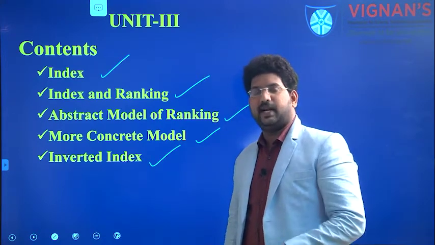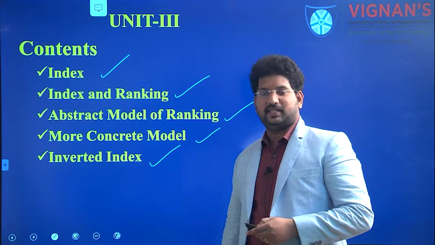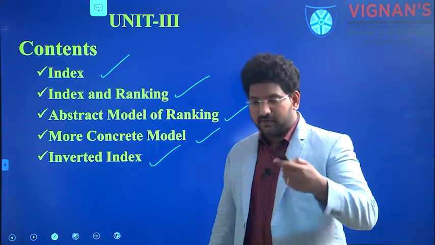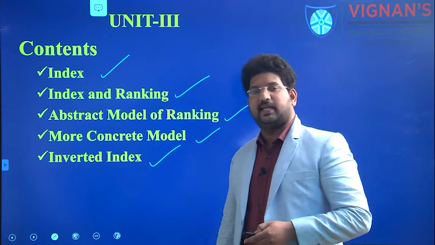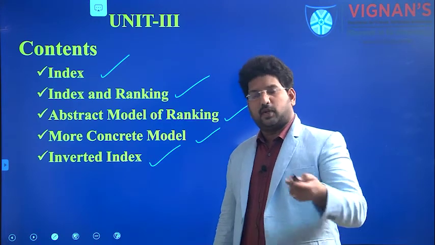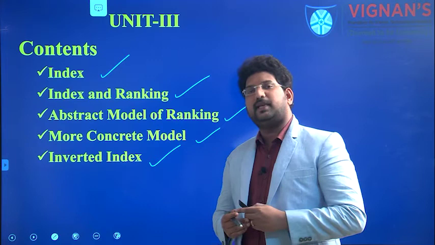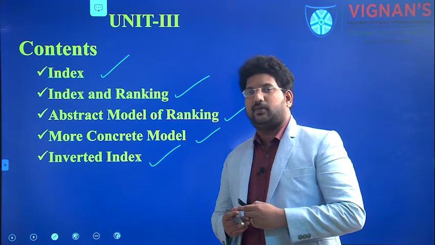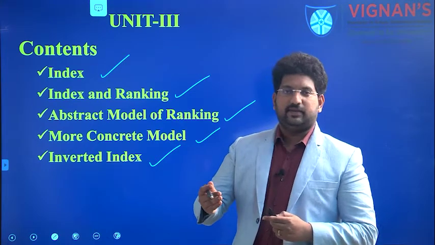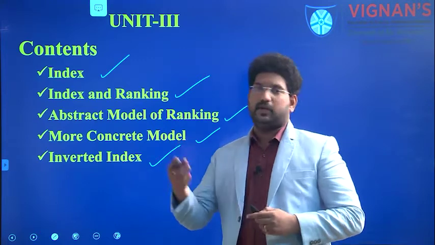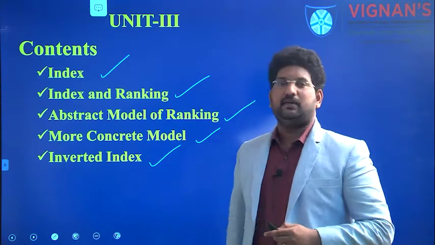What is an inverted index? What is the importance of this inverted index? And different examples with inverted indexing, like what the representation of the inverted index is with the documents and the words, and the words and the documents, and how we are going to represent it in a very detailed manner.